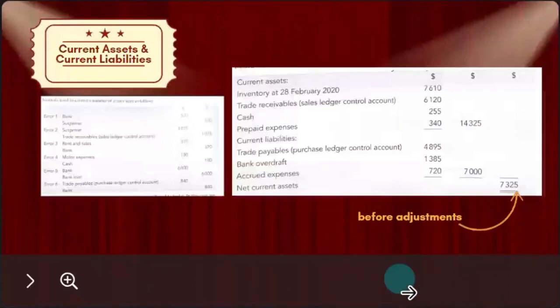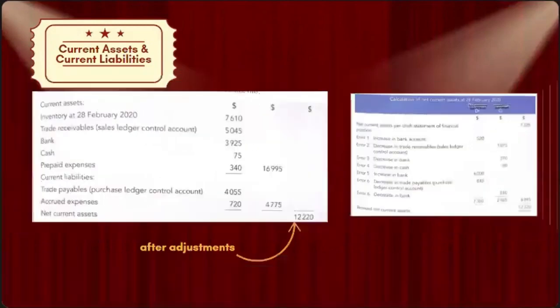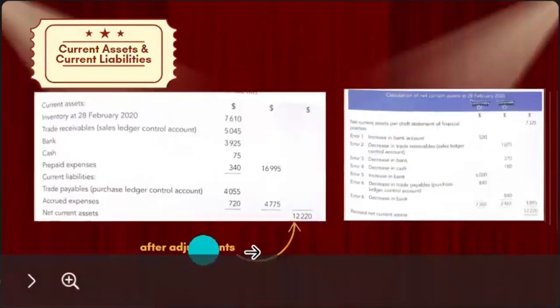To count net current assets is to minus total current liabilities from total current assets. After making adjustments to the current assets and liabilities, you will get the revised net current assets.